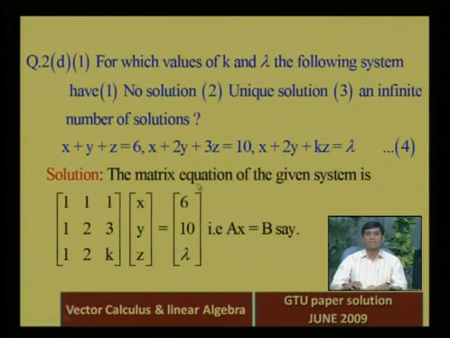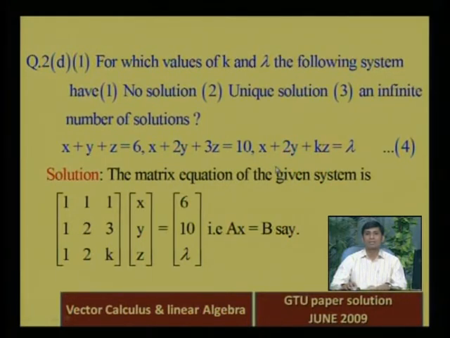The matrix equation of the given system, the augmented matrix. The first row comes from the first equation, x plus y plus z is equal to 6, that is 1 1 1. The second row comes from the second equation, x plus 2y plus 3z, that is 1 2 3.